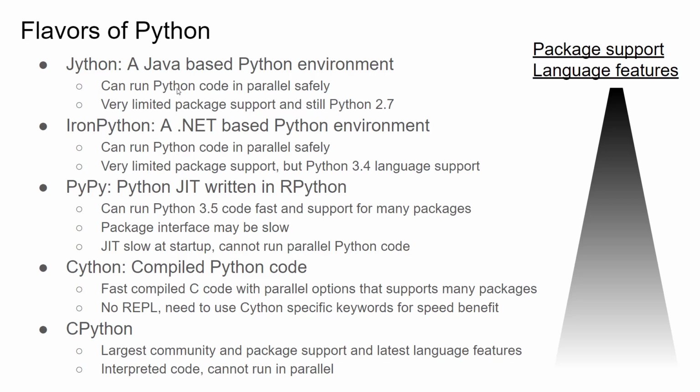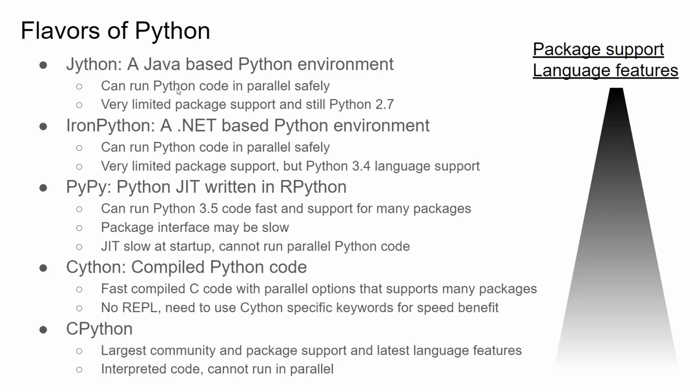There's PyPy, and PyPy is cool because it's a Python just-in-time compiler written in what they call RPython, which is like a reduced Python instruction set. It can run Python code of 3.5. It can run it very fast because it's compiled, but the package interface is still slow.